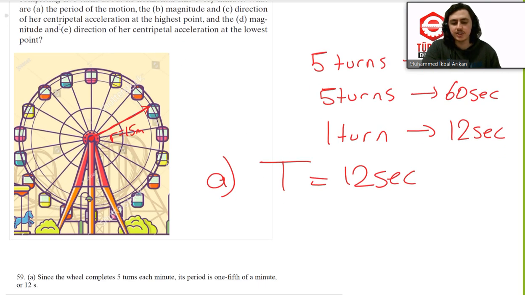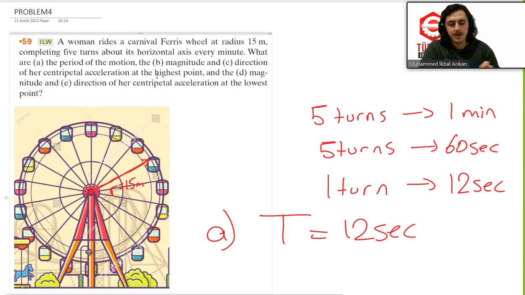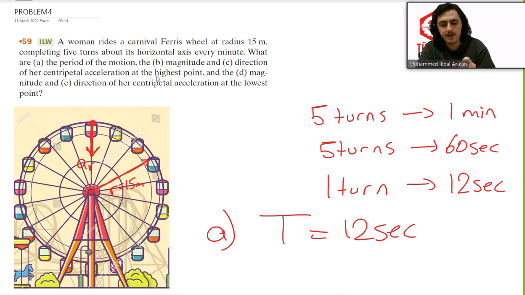Now the magnitude and direction of her centripetal acceleration at the highest point. At the highest point, the direction of the acceleration will be downward, right? This is the centripetal acceleration direction, and the velocity at this point is tangential to the circle. How can I know the magnitude of the acceleration?